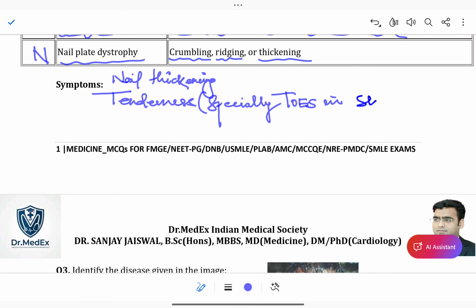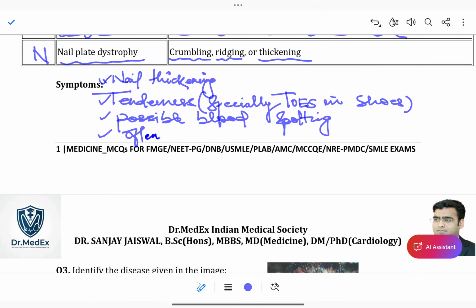Another point: possible blood spotting, often with onycholysis.